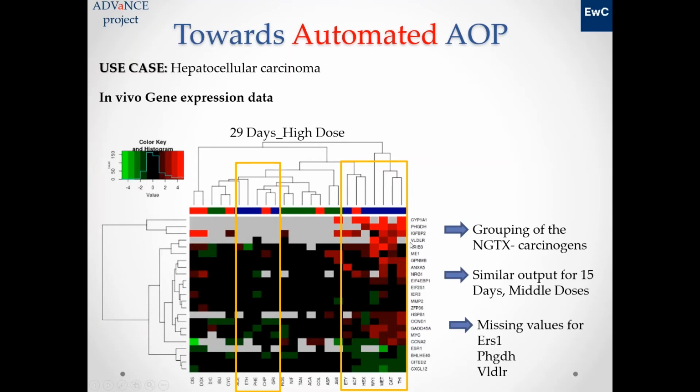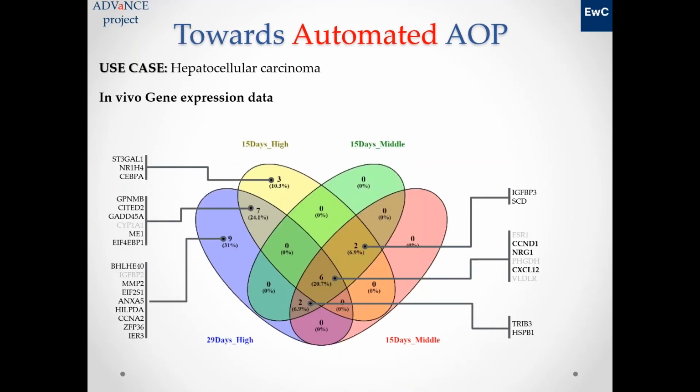Here, the gray spots were missing values, so those we had to exclude. Then we saw quite a nice trend of grouping of non-genotoxic carcinogens according to these selected criteria, which was promising. The outcome was also quite similar for 15 days middle doses, which was promising as well.